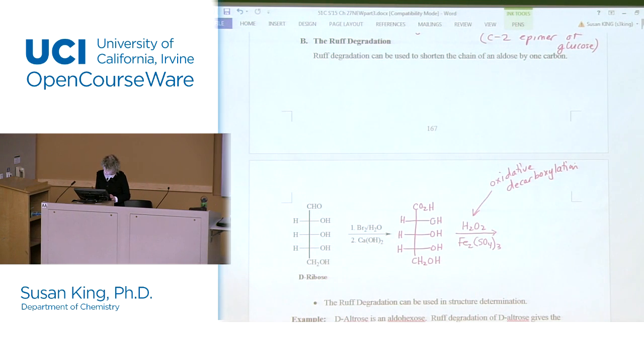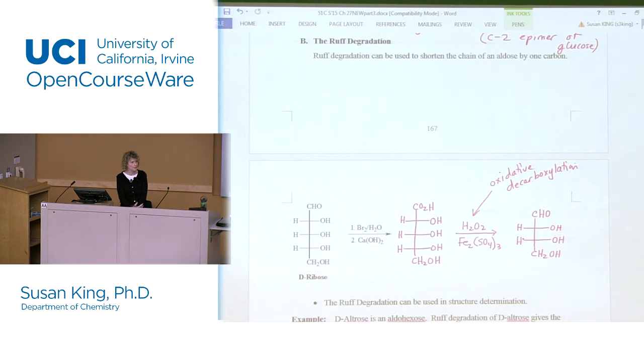All right, so let's draw that back again. So top carbon is converted to CO2, and then the second to the top carbon gets converted into an aldehyde. And you can do this stepwise.